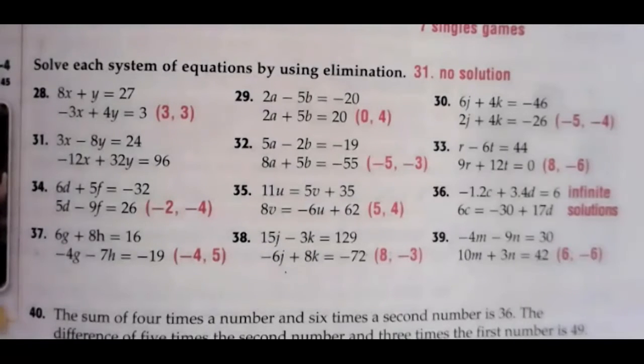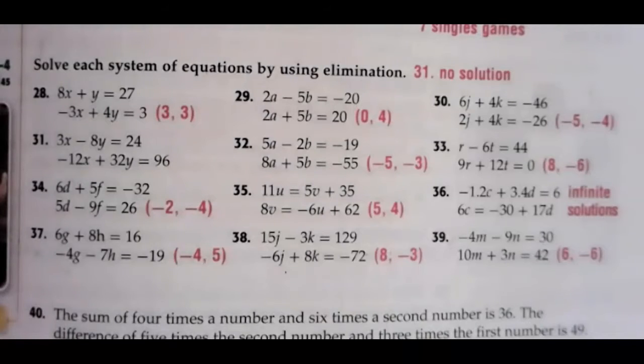So number 30, you got -5, -4. Number 31, we got no solution, which means those lines are parallel. 32, you got -5, -3. And 33, we got 8, -16. In 34, you got -2, -4. In 35, you had u equals 5 and v equals 4. 36 was infinite.